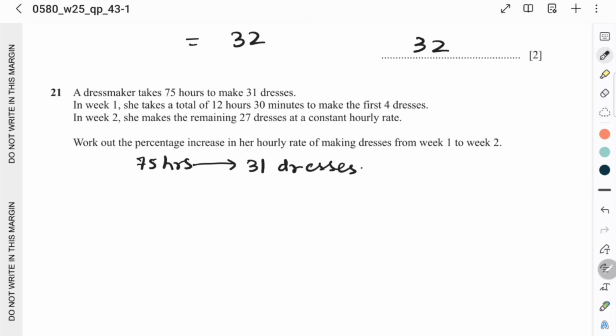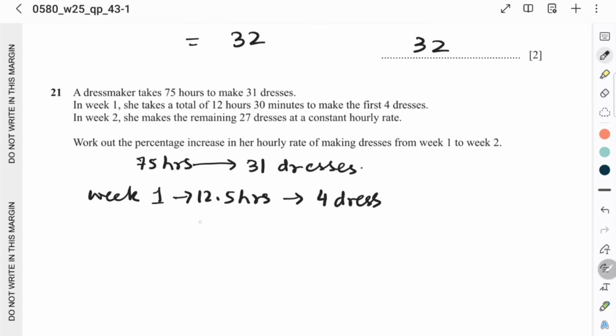Okay, so it means in week 1 4 dresses in, okay, you have 12 hours 30 minutes means 12.5 hours, 12.5 hours and 4 dresses.